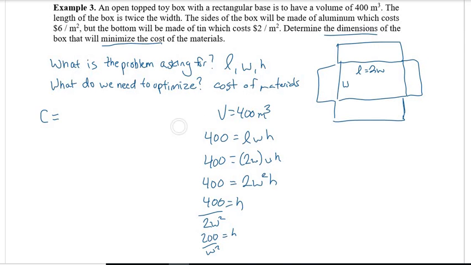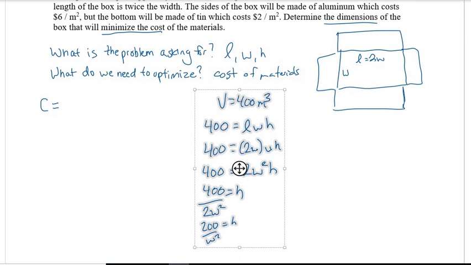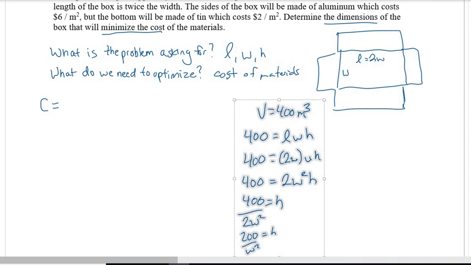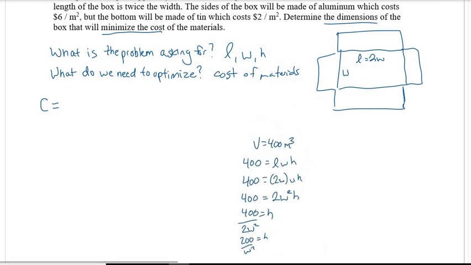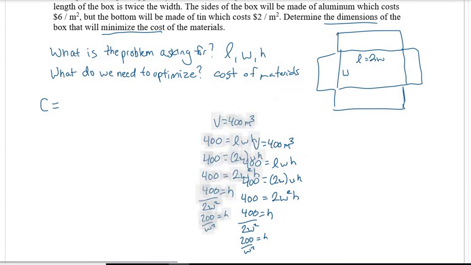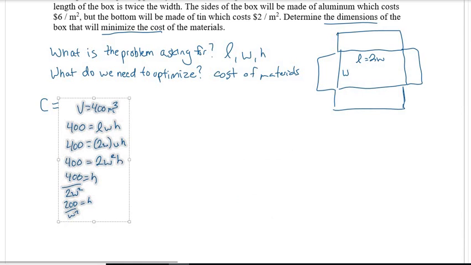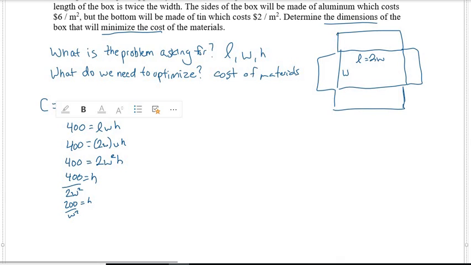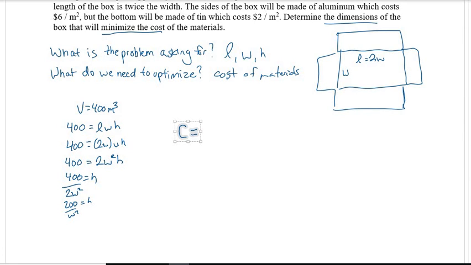So let's move that and give ourselves a bit more space here. It'd be nice if you could do this with pencil and paper. Let's move that over here and let's move that over here. Okay, so to find cost, we're going to have to figure out each of these.